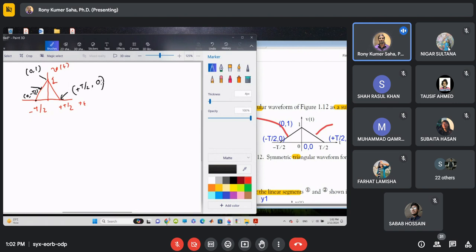First, define all the possible points that can help you define the function for a particular segment. Now, let's say this one is segment A. How do you find the values for A? You can find the slope, right? Remember how to find the slope?